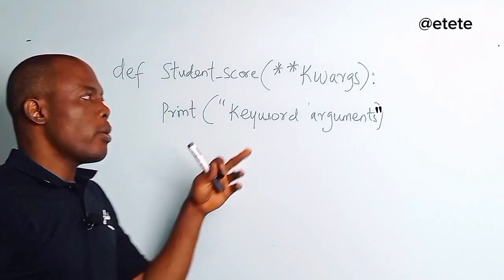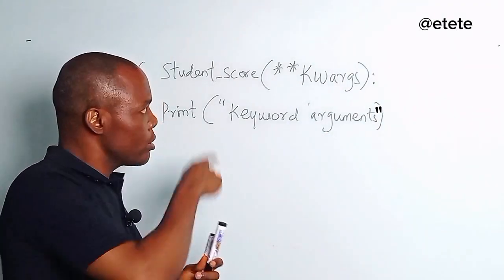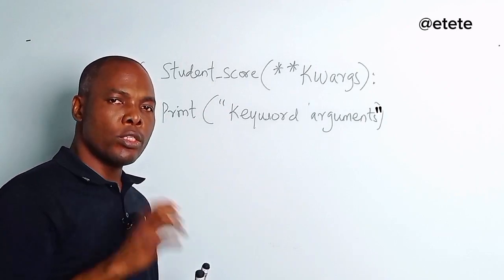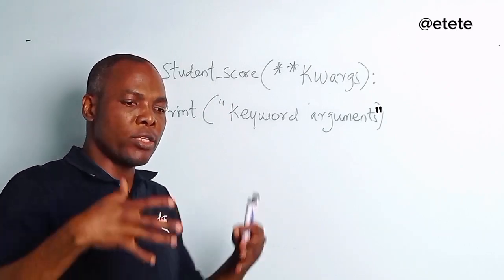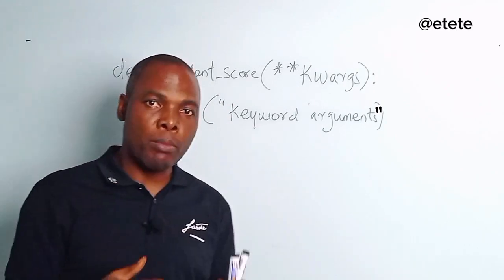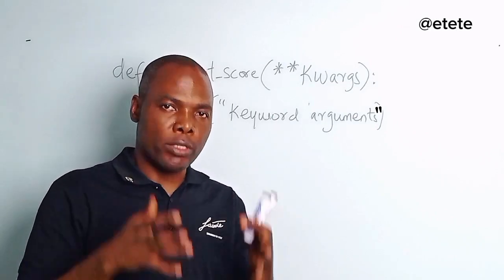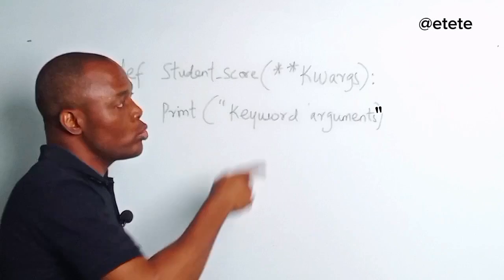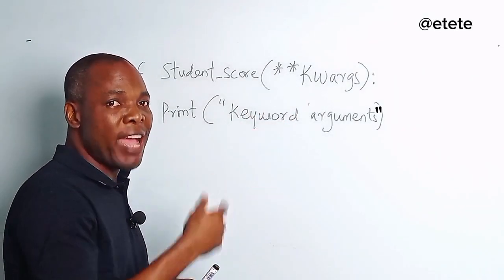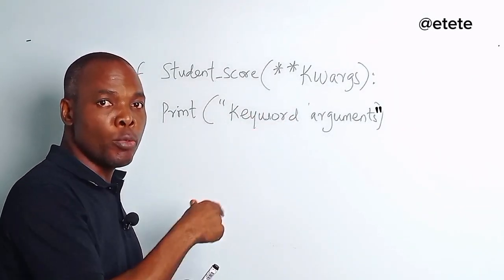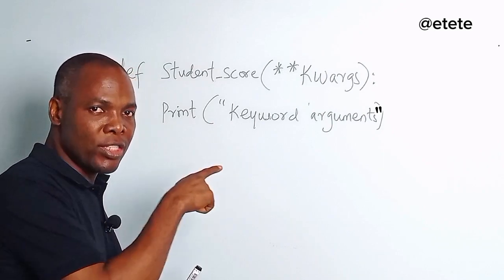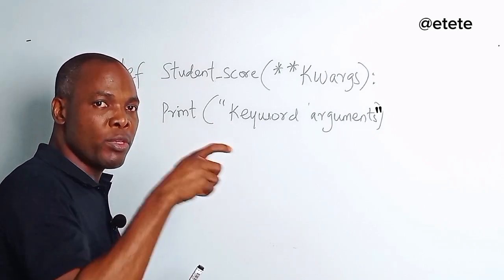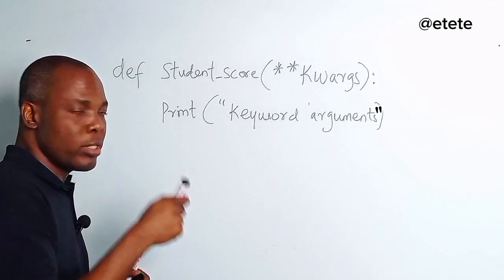Now, when I'm supplying this argument to my function, it's going to be in the form of a dictionary. So inside the function, the structure I'm going to use to hold the data is a data dictionary. So when I'm going to pull out my output, I have to iterate. I have to use a loop to go inside this dictionary and pull out the information that is inside. So I'm going to introduce a for loop.